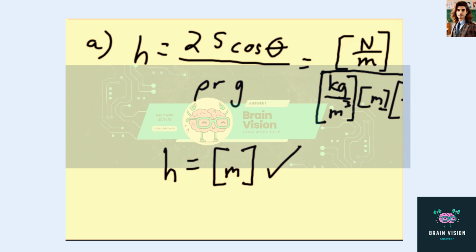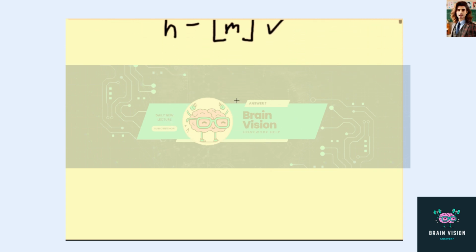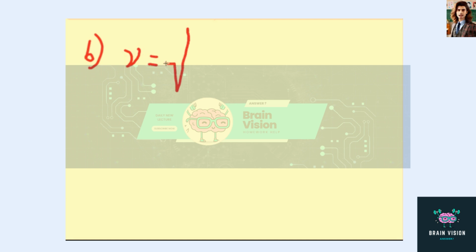So moving on to the next example, and we'll do it in a different color. We have b, nu equals root of capital P over rho.